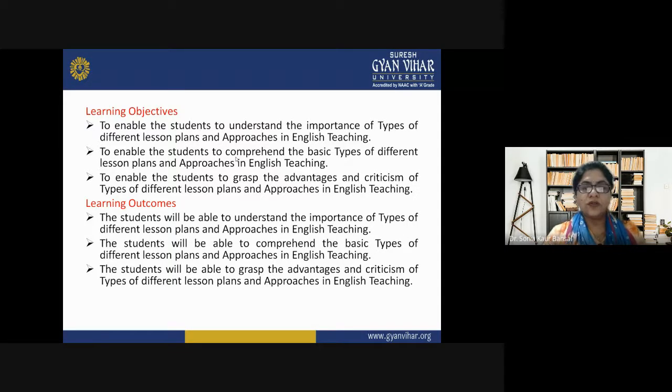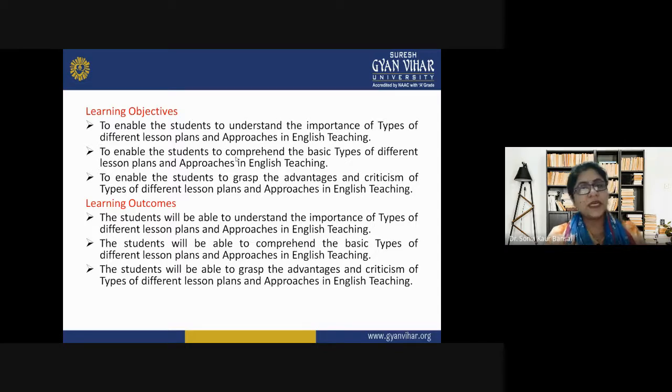I hope you will also be able to comprehend the basic types of different lesson plans and approaches in English teaching, to grasp the advantages and criticism of these types, which is very essential for you to understand.